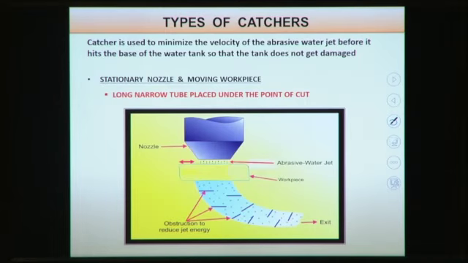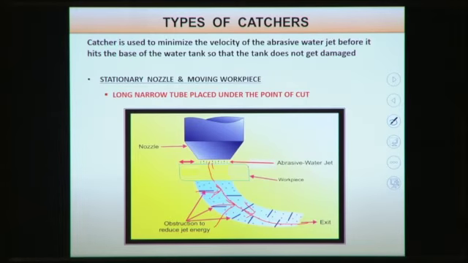Just below the nozzle there is a long, flexible pipe. On this flexible pipe, a construction using very hard materials is kept. After cutting the workpiece, the abrasive water jet hits the individual plates, which are very hard.